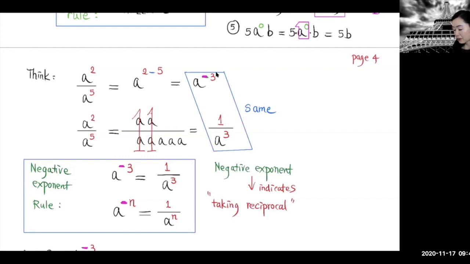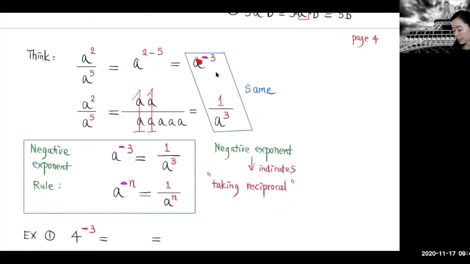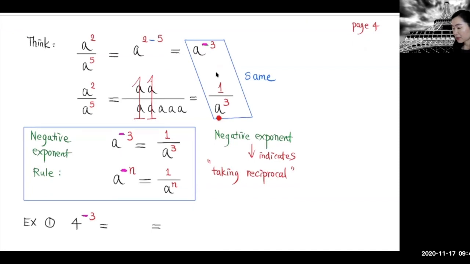You see this negative exponent is actually indicating that you are taking the reciprocal of a to the positive 3rd exponent. So when you see a negative exponent, you take the reciprocal, put 1 over, and change the exponent to positive 3.